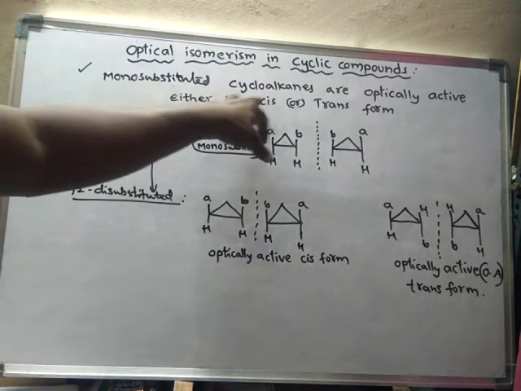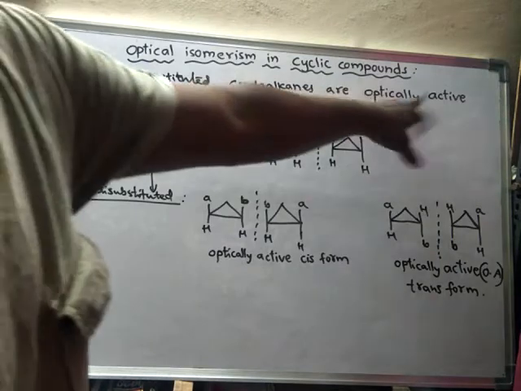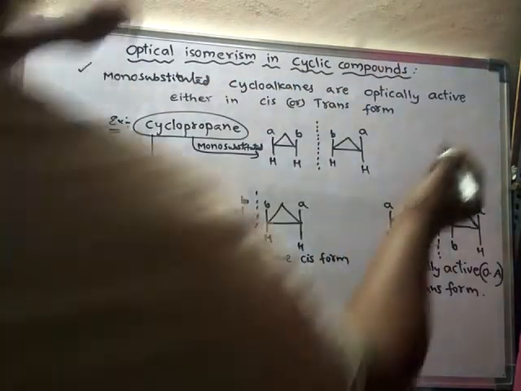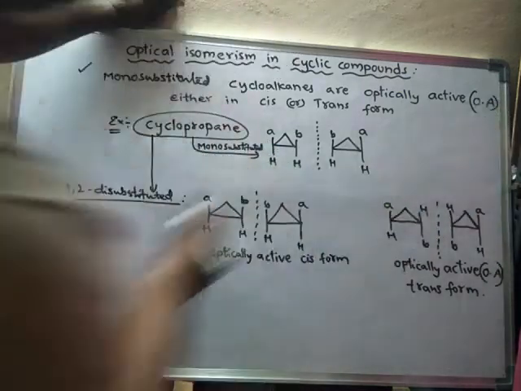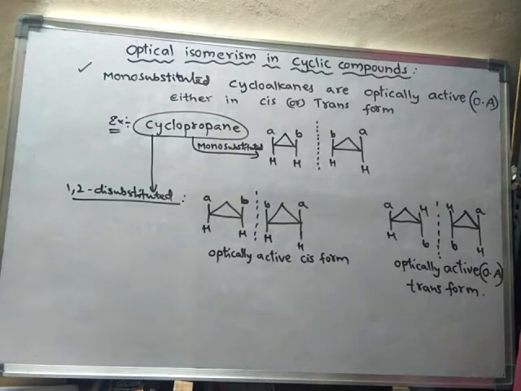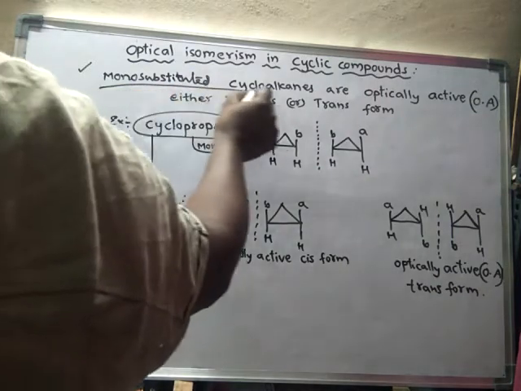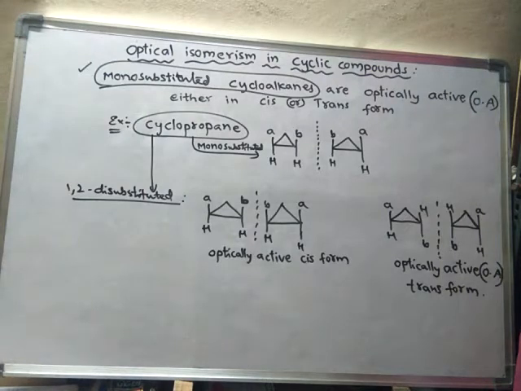The mono-substituted cycloalkanes are optically active, either in cis form or else in trans form. So that means if it is a mono-substituted cycloalkane, then it is always optically active, either in cis form or else in trans form.